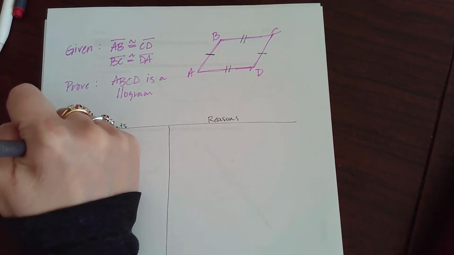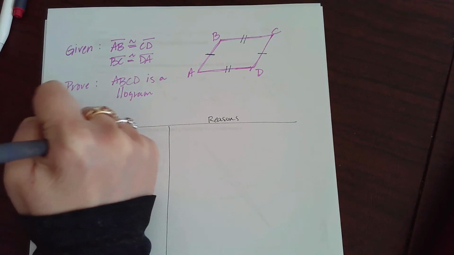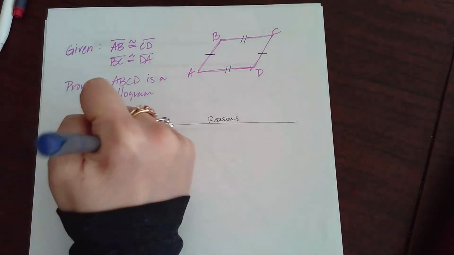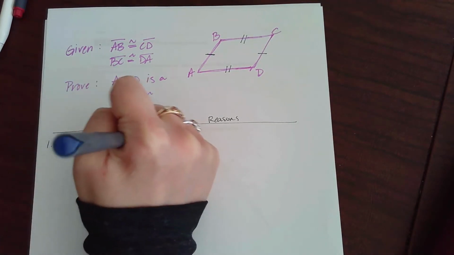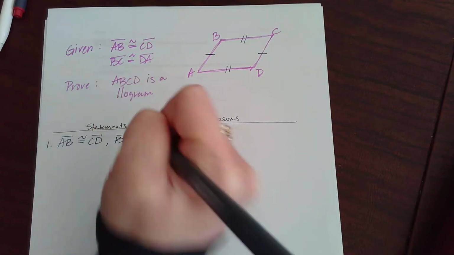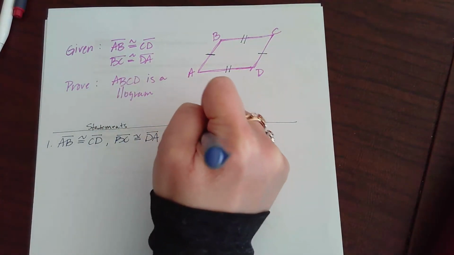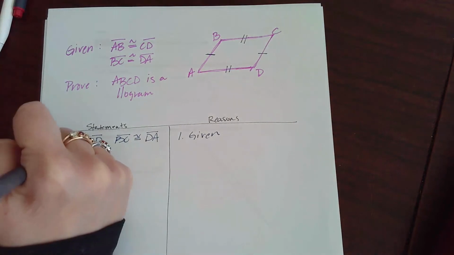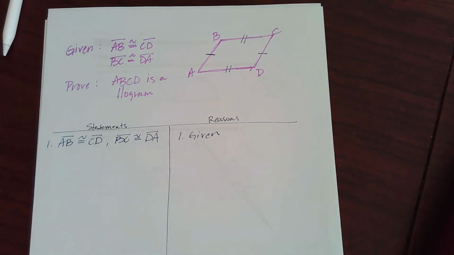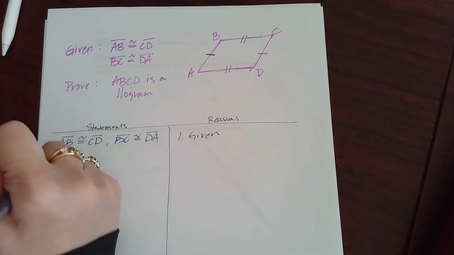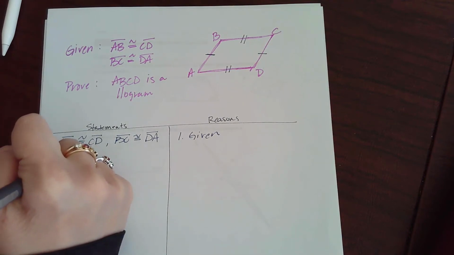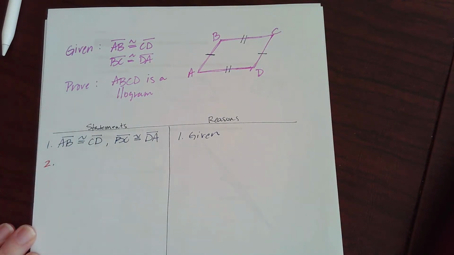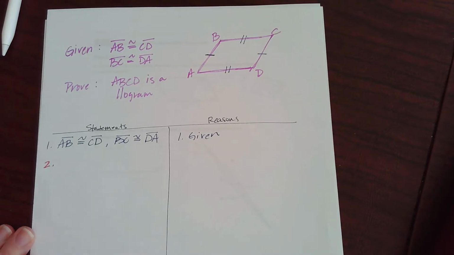All right, we're going to start by writing our given like we normally do. Step 2, and this is a common one that we use. We did this in the past when we did triangle congruence.